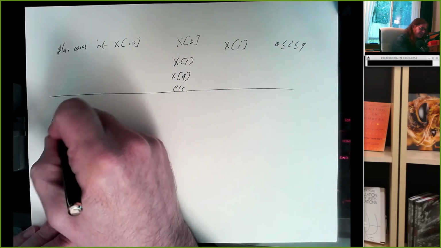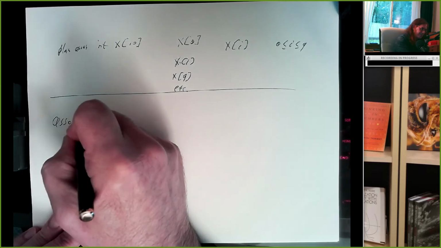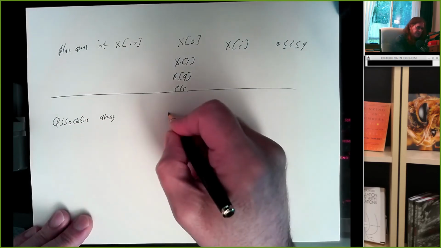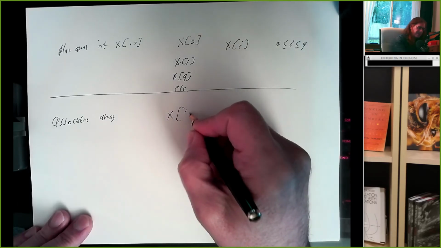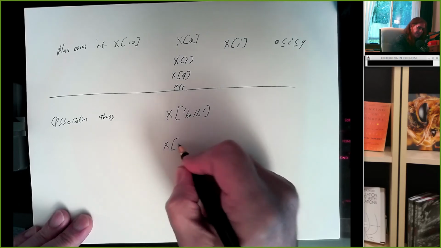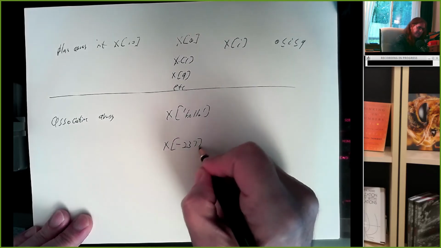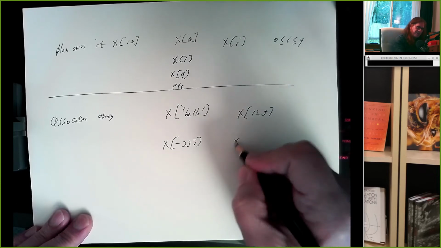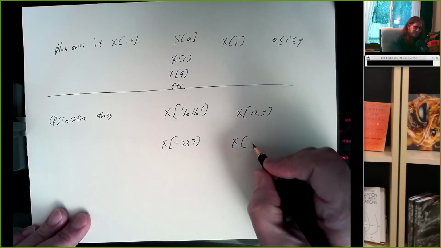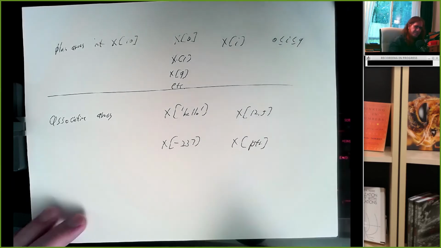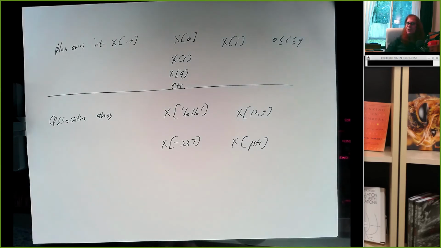An associative array, we can also do things like x bracket hello, or x bracket negative 237, or x bracket 12.5, or x bracket something that might be a pointer to a memory address.